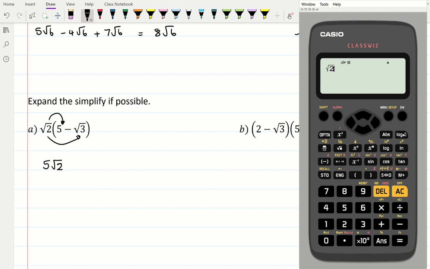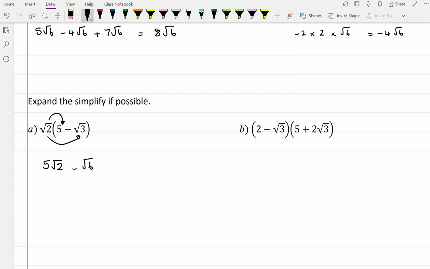Root 2, then use the arrows, times root 3 is root 6. Yes, you can't add or subtract surds unless they are alike, but you can multiply them. 2 times 3 is 6, so negative root 6. We can't simplify any more.